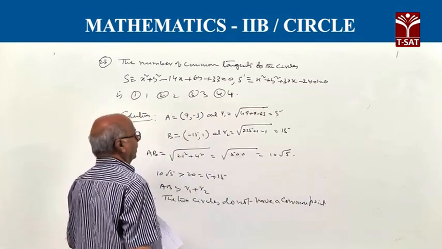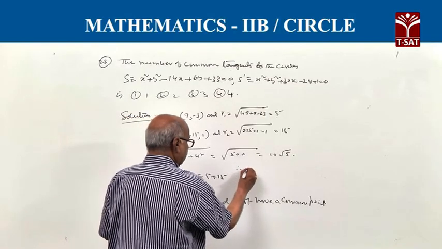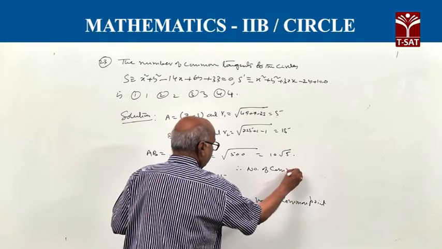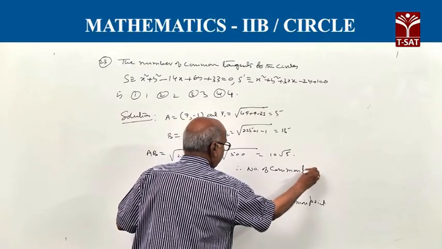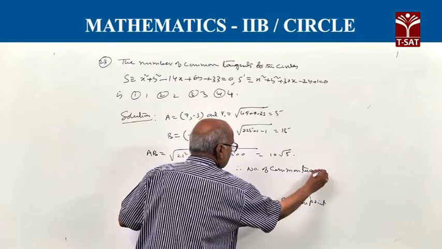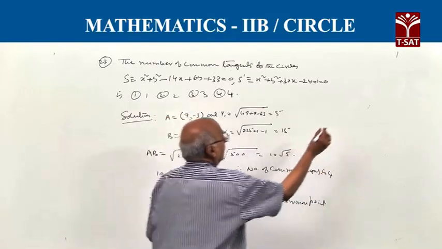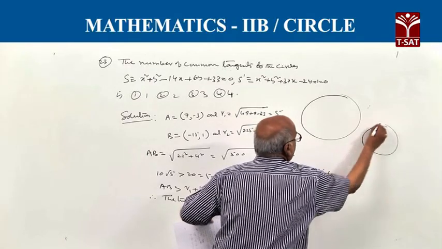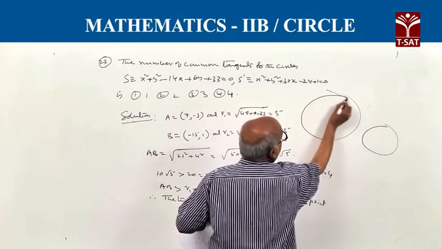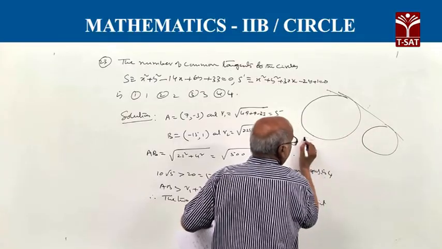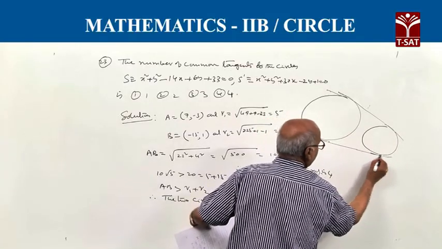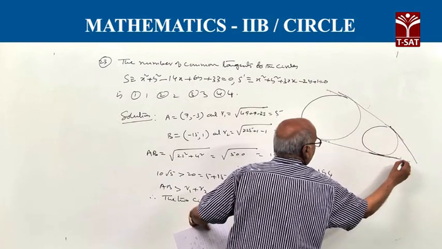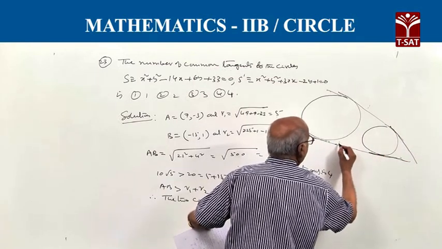So, therefore, the number of common tangents is 4, because you know that if two circles do not intersect, there will be two direct common tangents and two transverse common tangents.